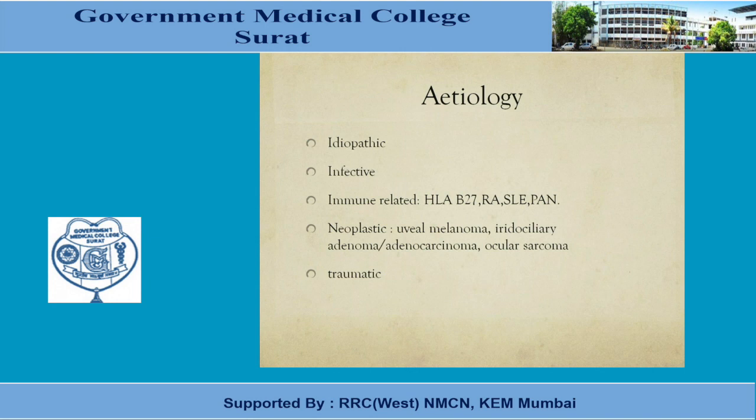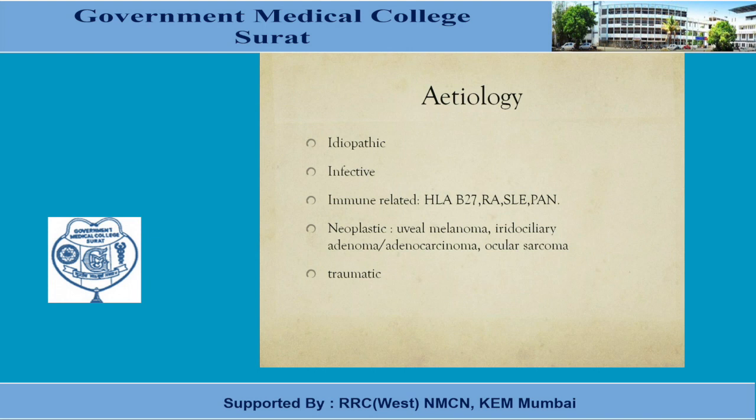Neoplastic can be uveal melanoma or iridociliary adenoma. Other variety is traumatic. So it's an inflammatory disease. Never forget, it's not so much an infective, but toxins of organisms initiate inflammation.